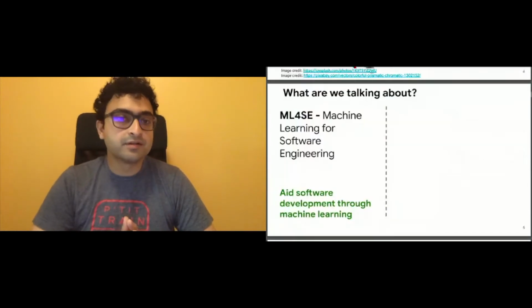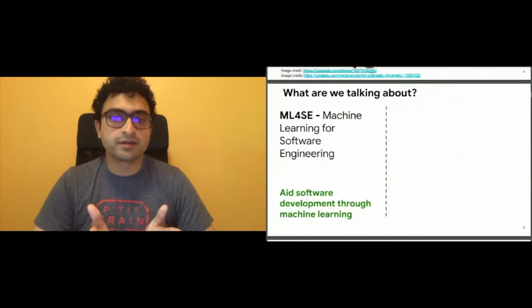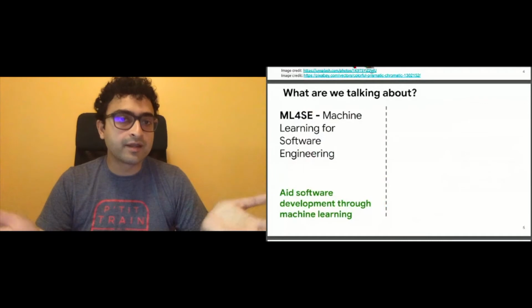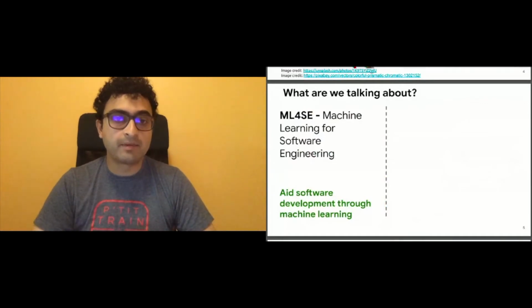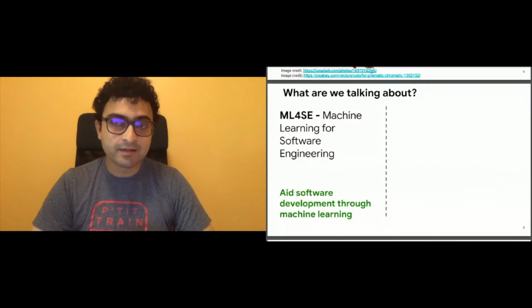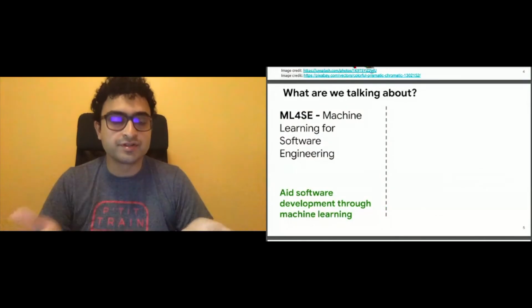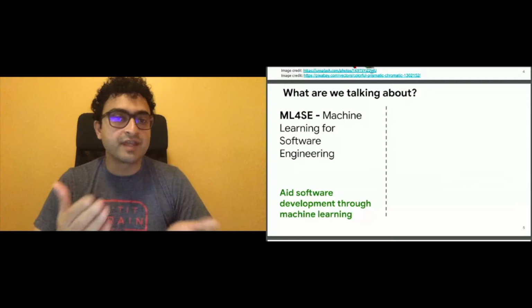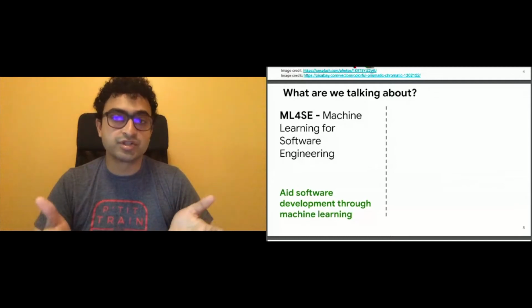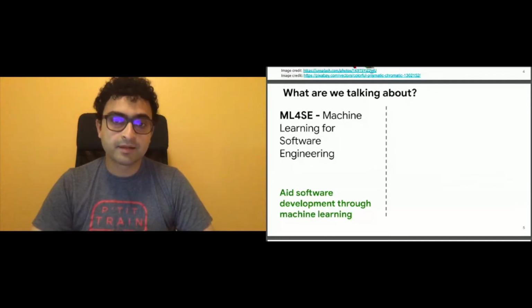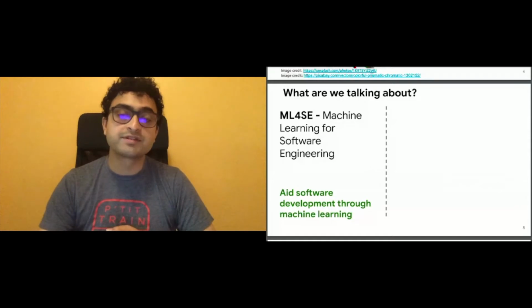And so in particular, what are we exactly talking about? I'm talking about an area of research called ML for SE, machine learning for software engineering. This area of emerging research attempts to aid software development through machine learning. It's good to also clarify at this time what it's not.